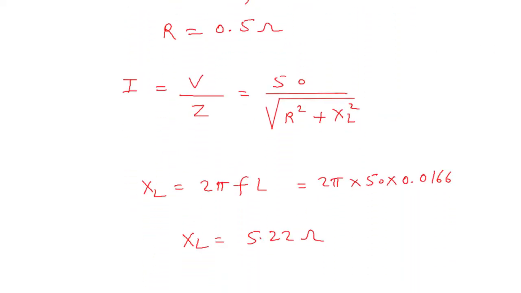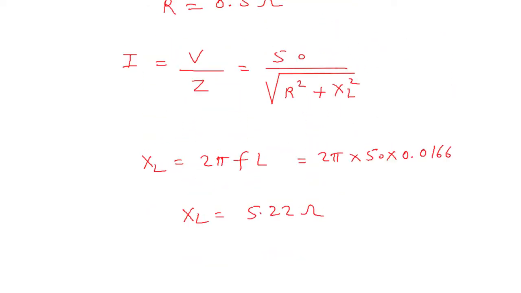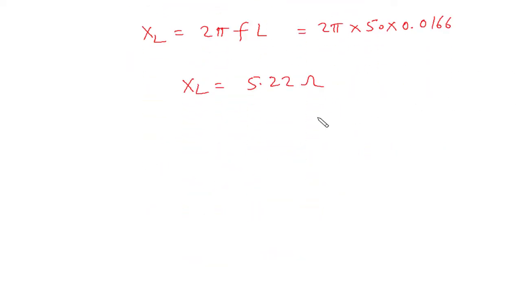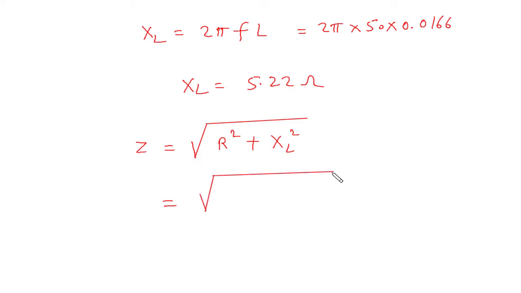Now from this we can find the value of Z. So Z is equal to under root of R square plus XL square. R square is again 0.5 ohm, and XL is 5.22 ohm.